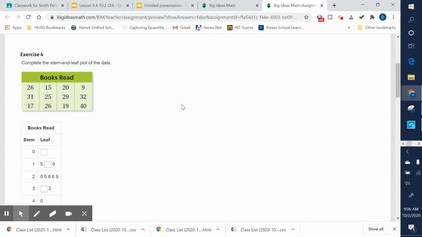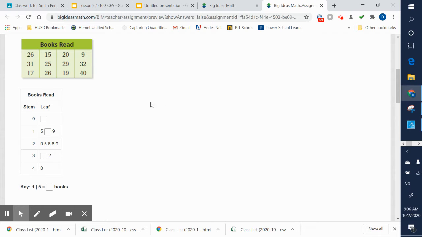When we do move on to 4, 5, 6, and 7, you're going to complete the stem and leaf chart. On the stem side, I have 0, 1, 2, 3, 4. On the leaf side, I have the numbers that I have to fill in. So let's look for all the numbers with nothing in the stem column. Well, we can see 9 is the only single digit number, so I would place a 9 there.